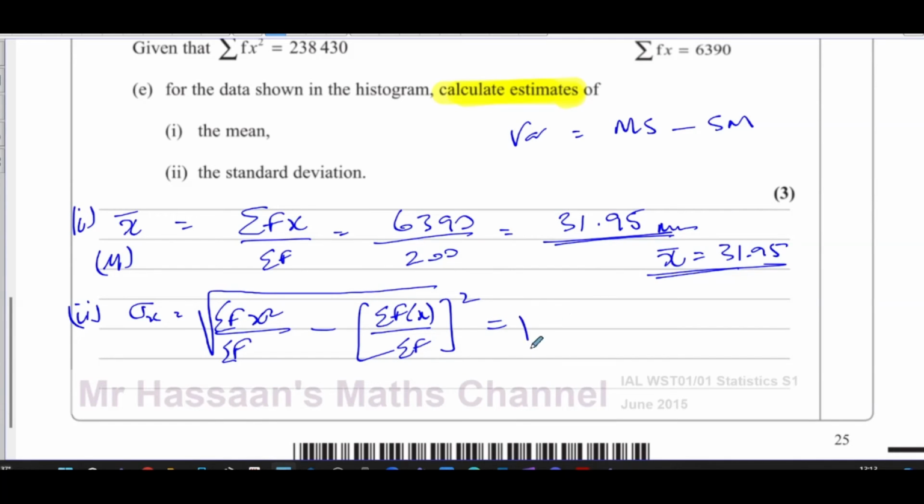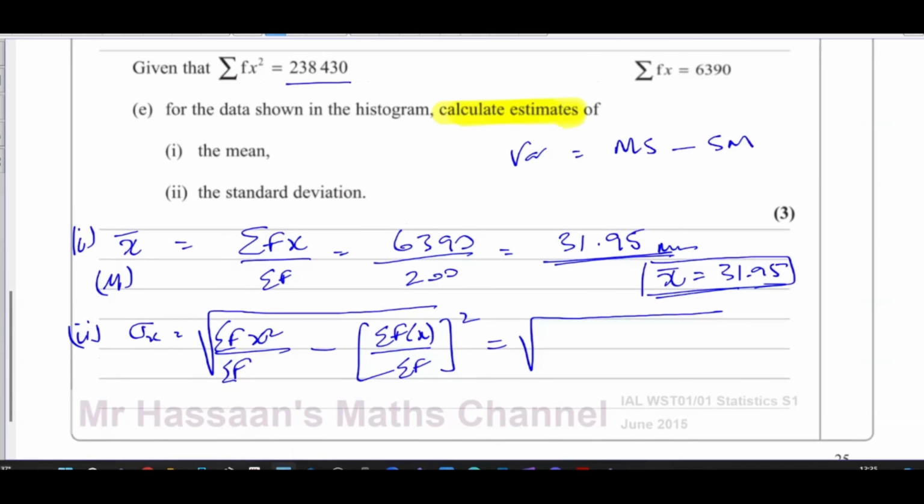So that is equal to the square root of the mean of the squares, which is 238,430 divided by 200, minus the square of the mean, which is the square of this value.